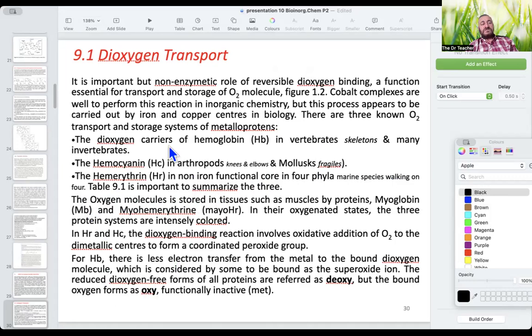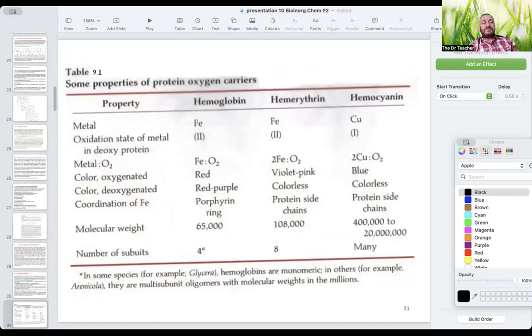So I talked about myoglobin, hemoglobin, and others we studied. This is very good for bioinorganic chemistry. There are some properties of protein oxygen carriers explained in this table.